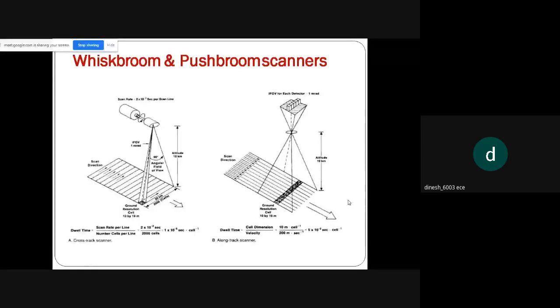If you take the ratio between the cell dimension and velocity, we'll get the dwell time of the along track scanner, which is per 10 by 10 meters. With the velocity of 200 meters per second, we'll get 5 × 10^-2 seconds, which is 0.5 milliseconds per cell. So depending upon the requirement and need, which system or which scanner is to be used is decided by the designers.